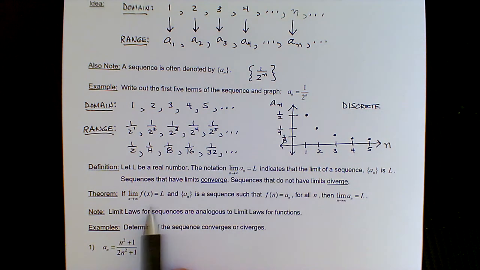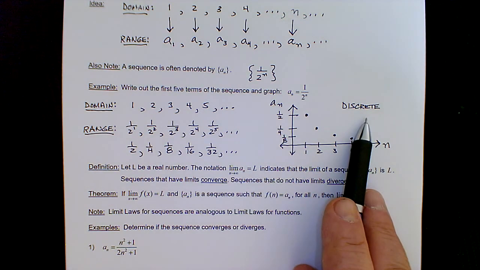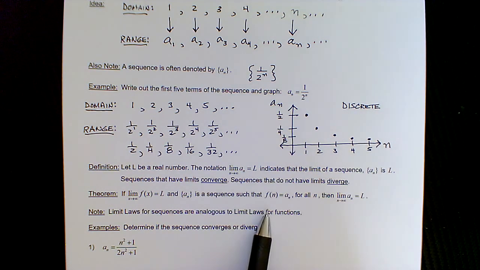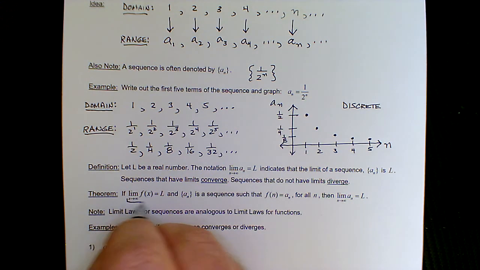And then this theorem bridges the gap between the discrete nature of a sequence and the continuous nature of a function. Because what it's saying here is you have the limit as x goes to infinity of a continuous function f of x equaling L. So this is continuous.